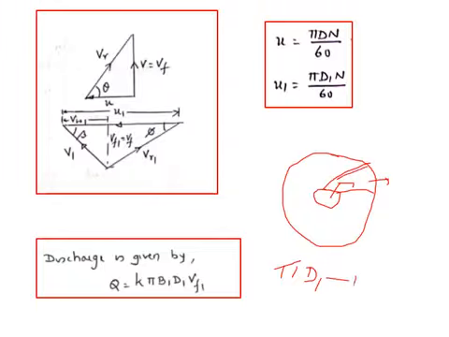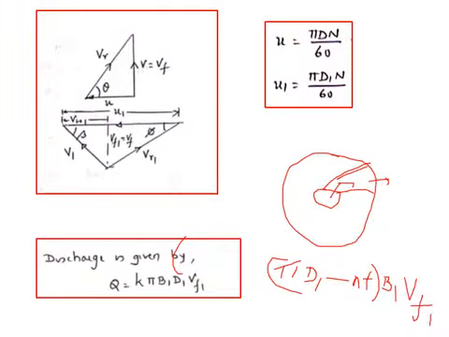Suppose there are n vanes, so n times the thickness. Then multiply by the width, which is perpendicular to the screen, and this becomes the area. Since the flow is in the radial direction, where the component is VF, area into velocity gives the discharge.